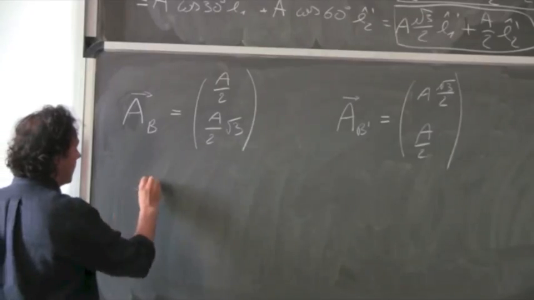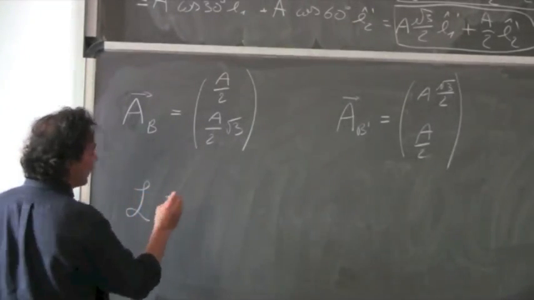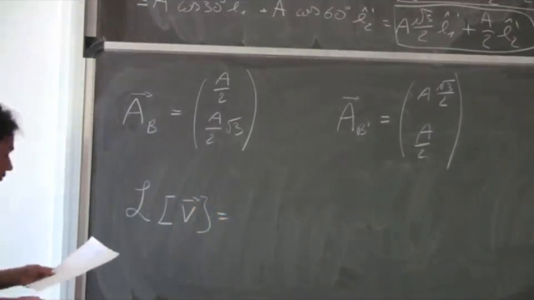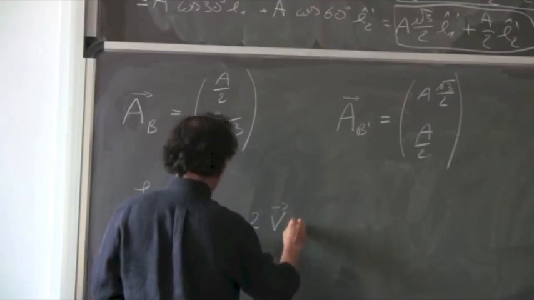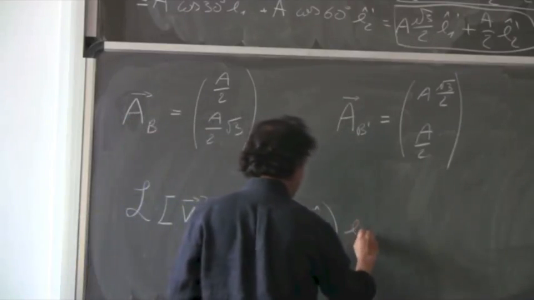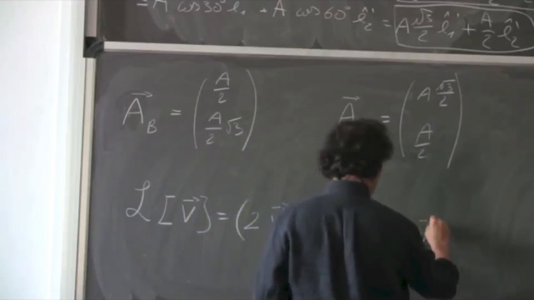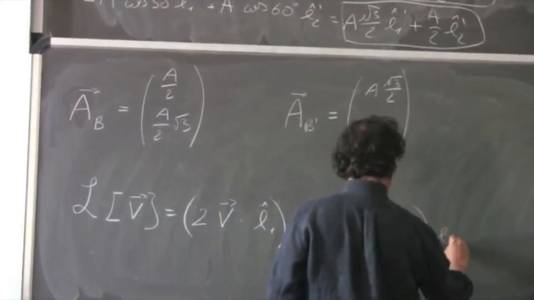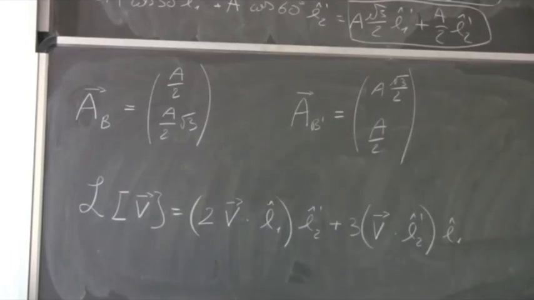Let us assume now a linear application F. This linear application can be applied to a certain vector B. And let us assume we consider the following application: 2B. This is an example of linear application.